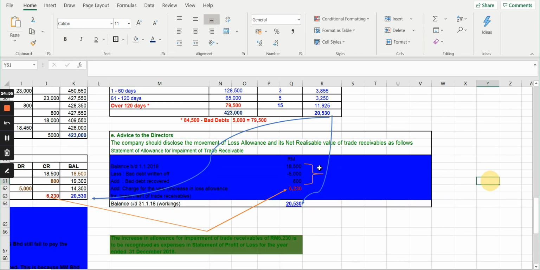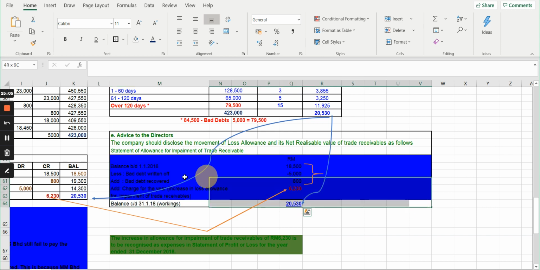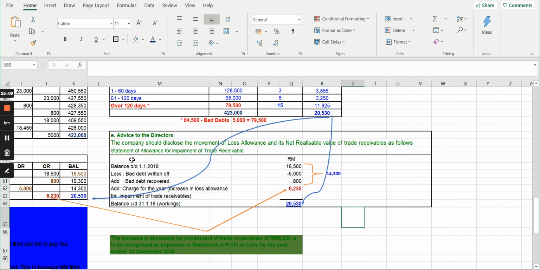Answer E. The company should disclose the movement of the allowance, and you need to prepare the statement. When you prepare the statement of allowance, I've done this for you to save time. First, put the balance at the beginning, which should be the same as here, 18,500.